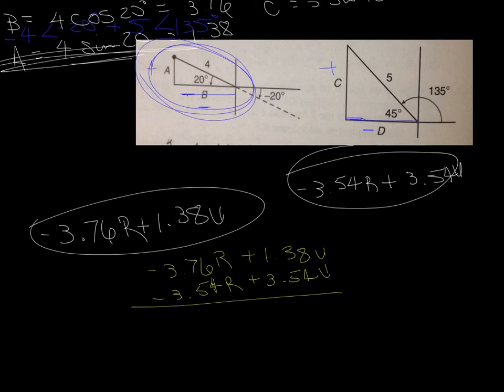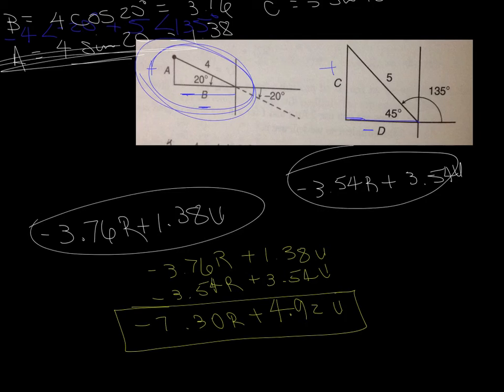Now I'm going to add: 10, carry the 1, 13, carry the 1, 7, negative r, plus 12, carry the 1, 9, 4. So that's what my answer is: negative 7.3 right, and 4.92 up, and that would be the sum of the point here and the point there.